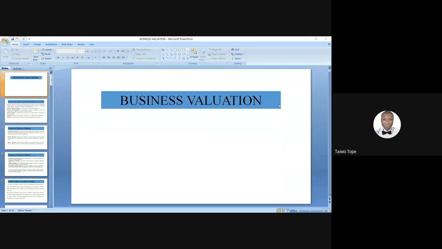So one of the reasons for valuation is for estate and tax purposes, and another reason is for mergers and acquisitions. So business valuation may be required when a company acquires another, or where a company merges with another.